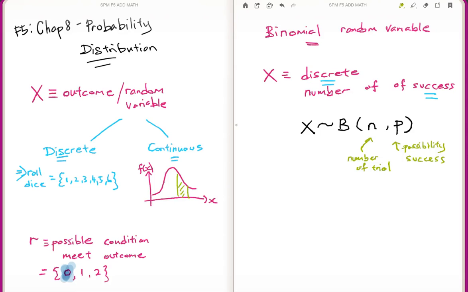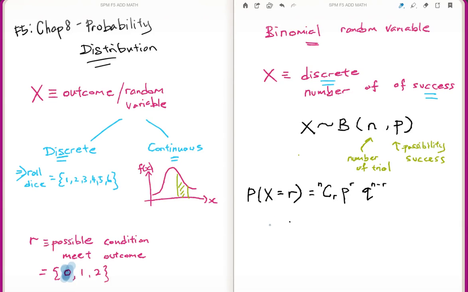Now put it into equation form. I will go through the equation later. The general equation for the binomial random variable, P(X = r), the possible condition that meets the condition, is equal to nCr p^r q^(n-r), where n is the number of trials and p is success. This is the general equation for binomial.